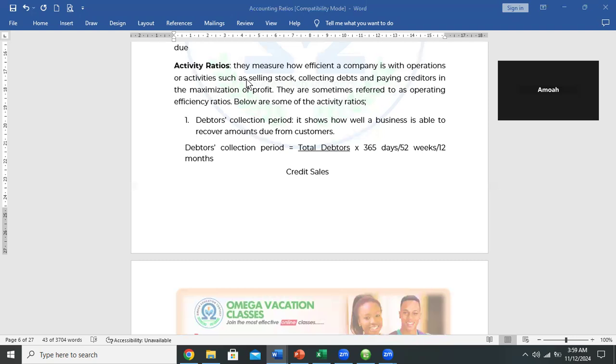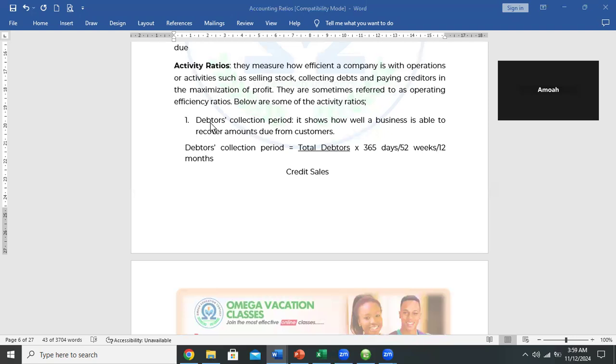Okay. Now, one of the ratios we are going to look at here is called the debtors collection period. Debtors collection period. Because one of the activities is for the business to collect its debt. If you are not efficient in collecting your debt, it will have a bad impact on your business.